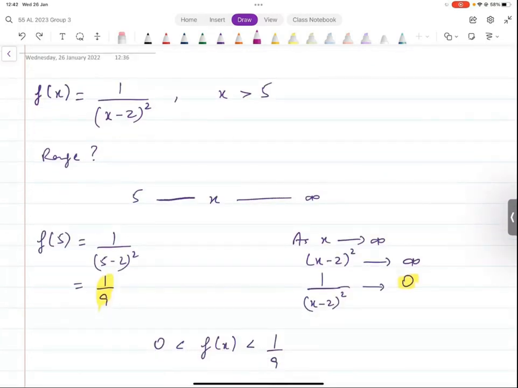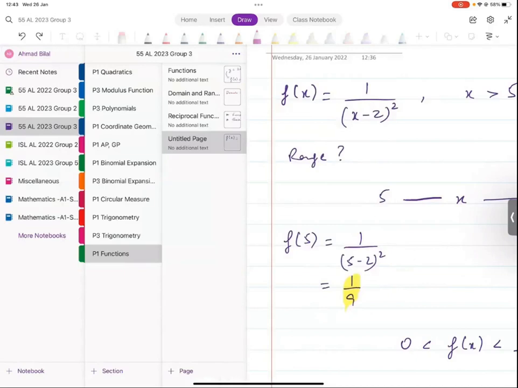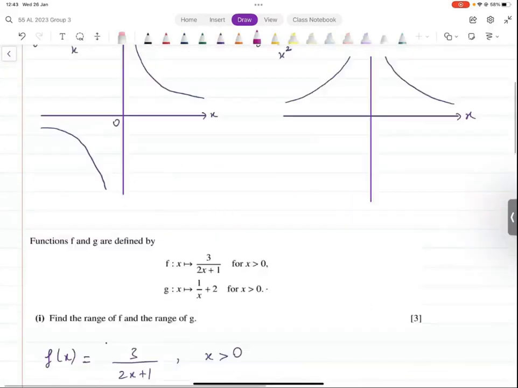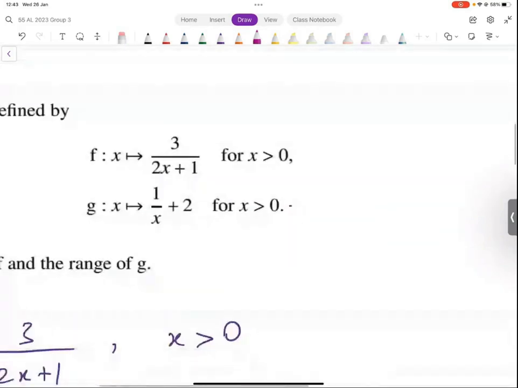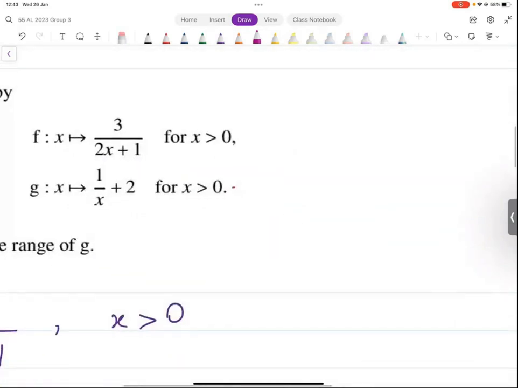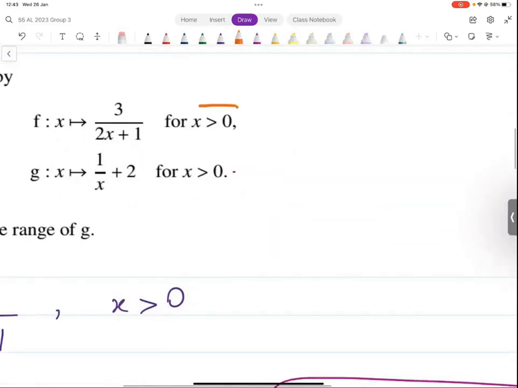Okay, now let me quickly tell you the other way you could estimate this range using a calculator. So let's think of these functions. उसने क्या दिया हुआ यहाँ पे, x is greater than 0. ठीक है, greater than 0. Now a lot of you might find this easier.